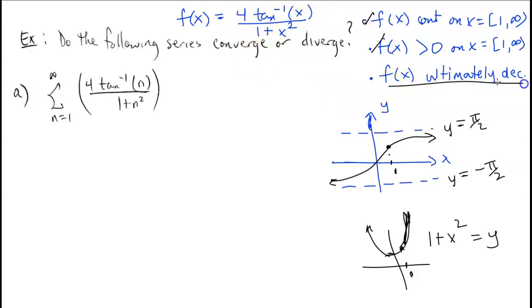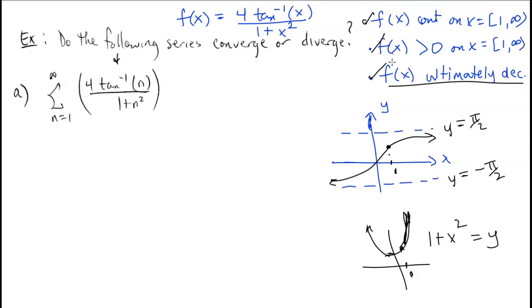So because of that, we know that our f of x will ultimately decrease. Okay, so we've checked out the corresponding continuous function for our sequence that is making up this particular series, and it meets all 3 conditions. So we know that we can use the integral test.